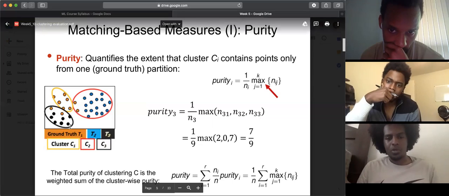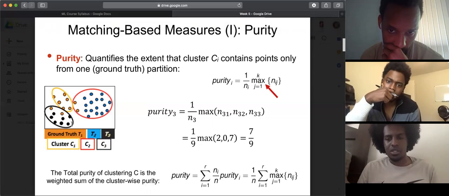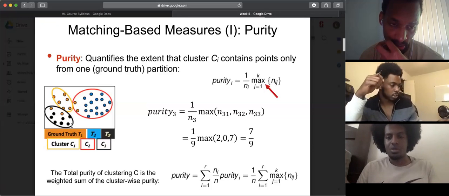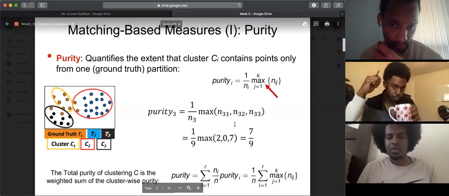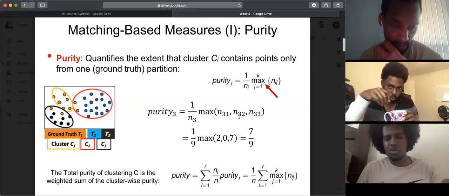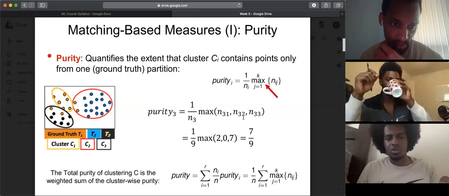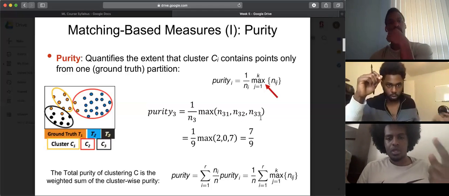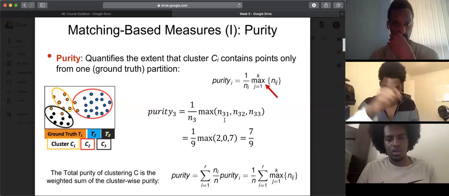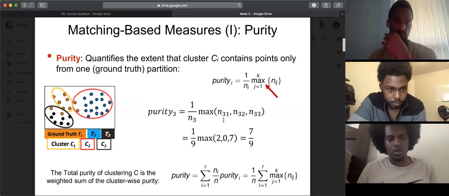In C3, n_3,3 is the black cluster, and there are 7 out of 9 in that cluster, so the number is 7. In 3.2, which is the orange one, there are 0 black dots in that cluster. And then in n_3,1, there are 2.